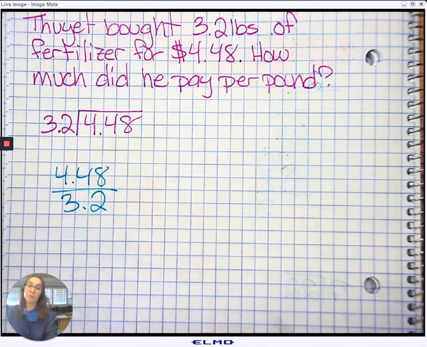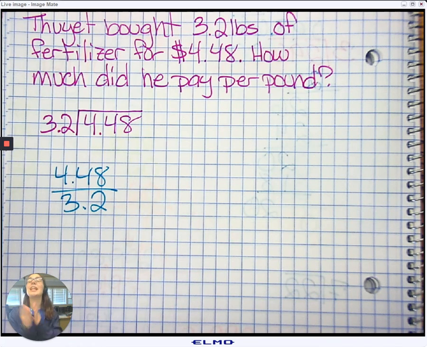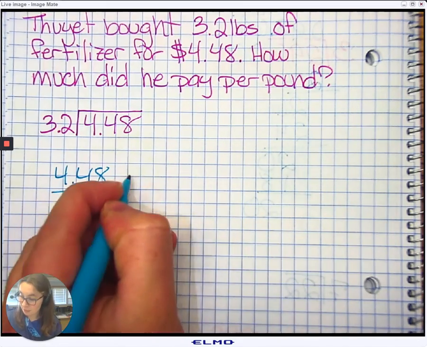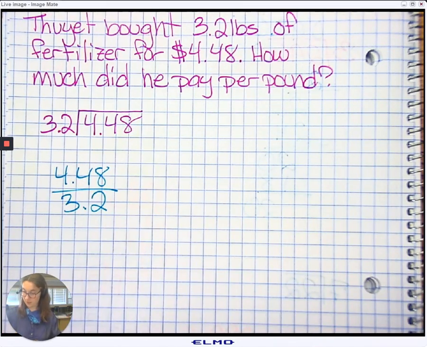And we all know, and you will get sick of me saying when we're dealing with fractions, what you do to the top, you gotta do to the bottom. And we don't like this decimal down here in our divisor, the number doing the dividing. So we're going to multiply both top and bottom by 10.